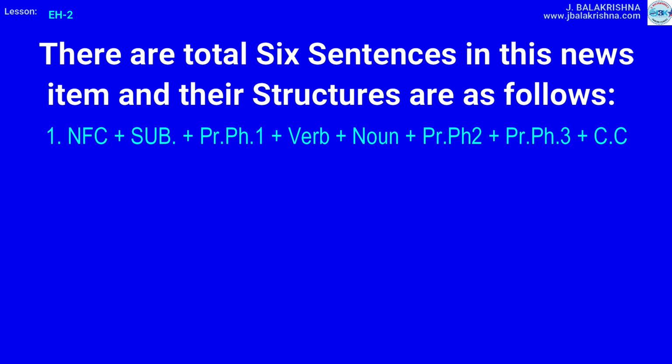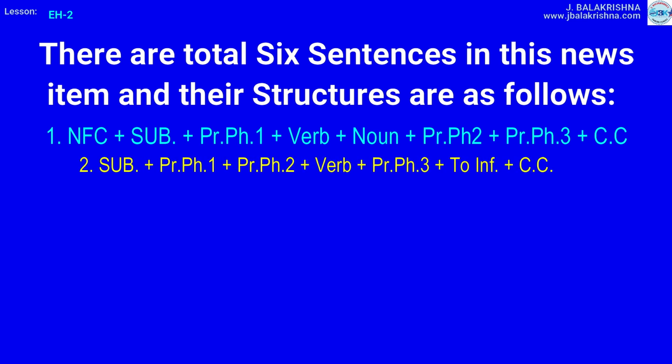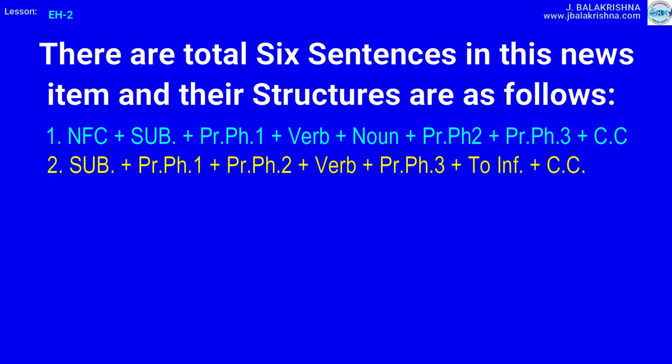Second sentence, which begins with B.T. Srinivasan, ends with Kerala. The structure is like this: subject plus prepositional phrase 1 plus prepositional phrase 2 plus verb plus prepositional phrase 3 plus to infinitive plus conjunction clause.